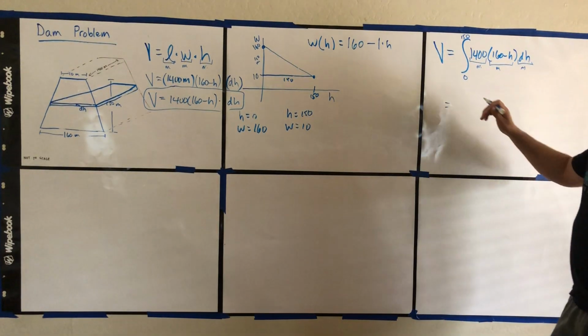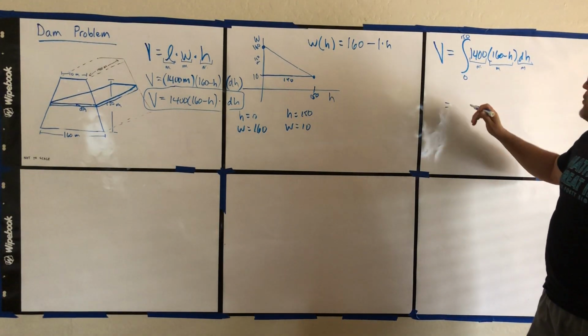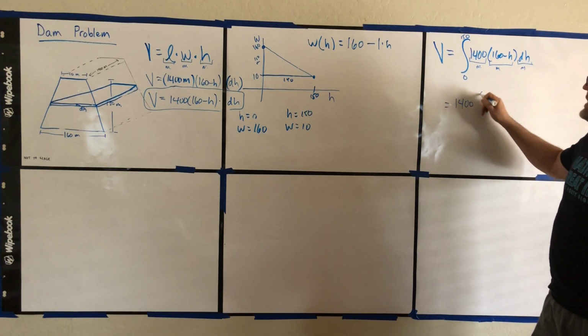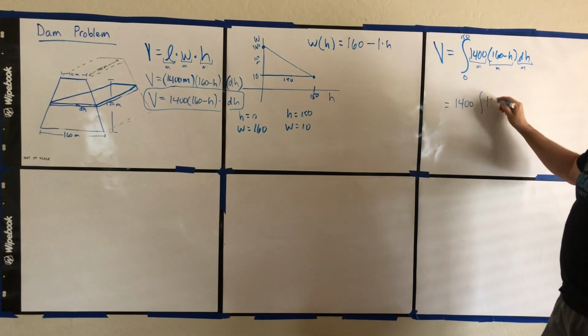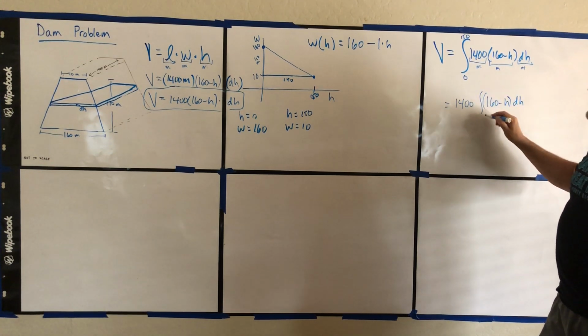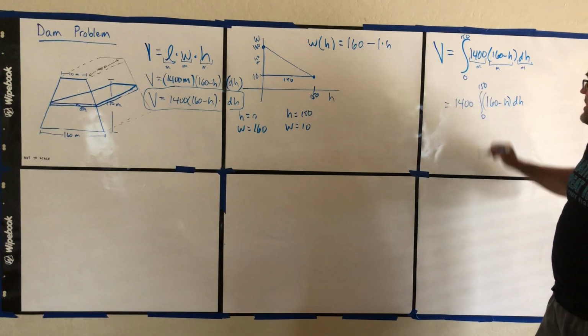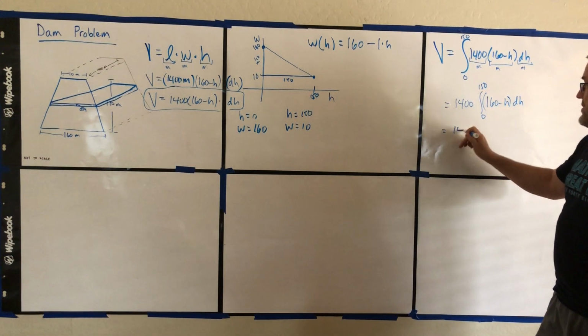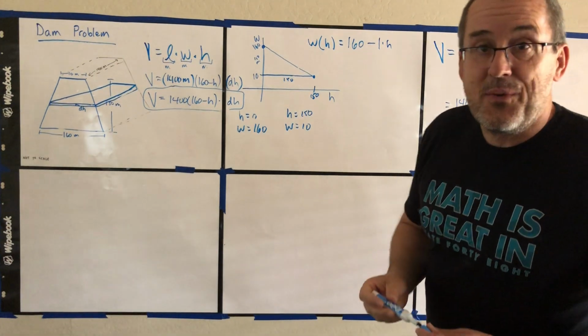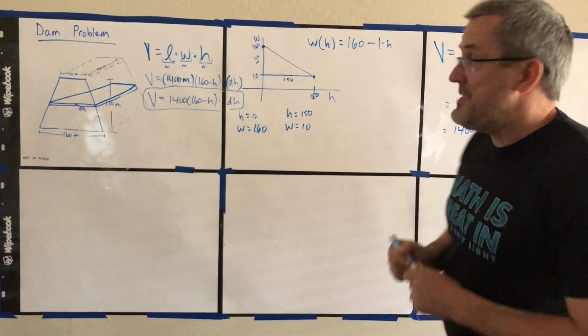All right, what I would do here is, first of all, recognize the 1400 is a constant multiplier. So 1400 times the integral, really I just have 160 minus h dh from 0 to 150. So what I really have here is 1400 times... Now, let's talk about the antiderivative of 160 minus h.